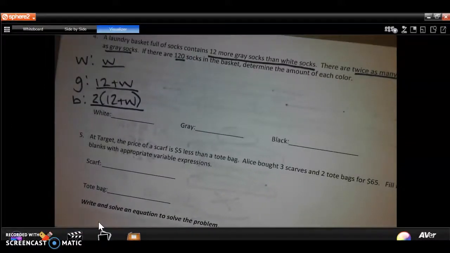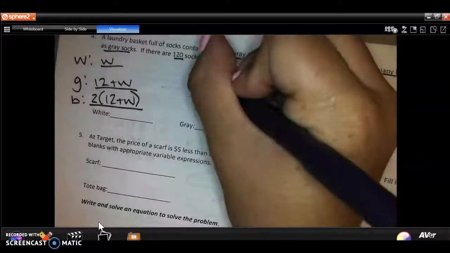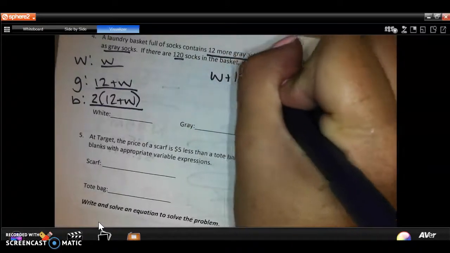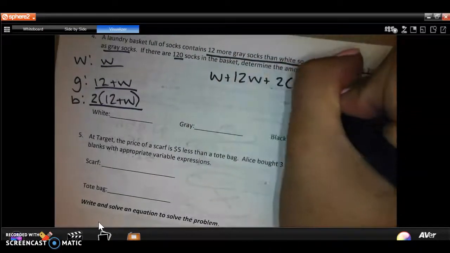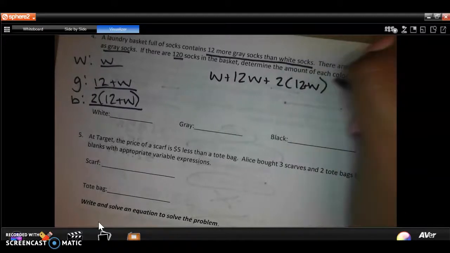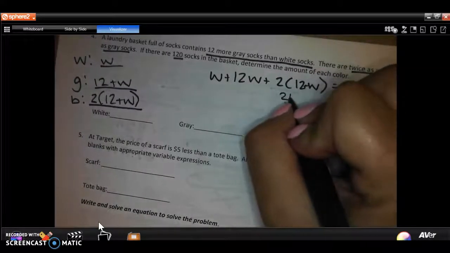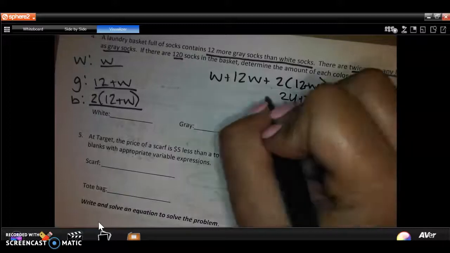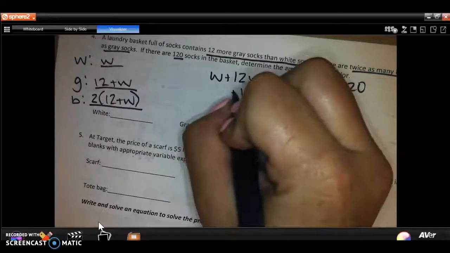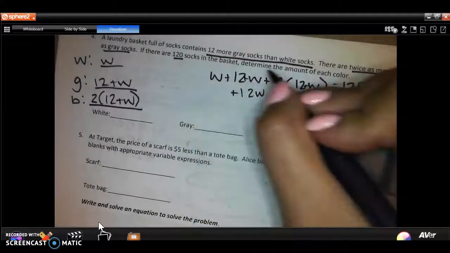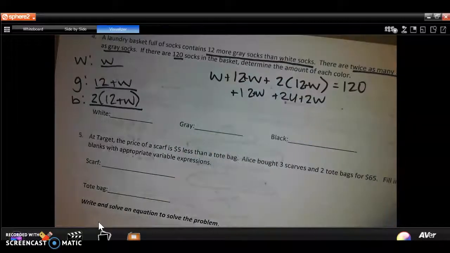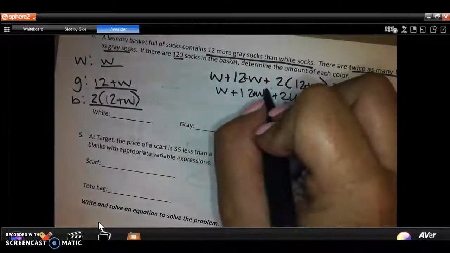Determine the amount of each color. So W plus 12 plus W plus 2 times 12 plus W equals 120. Distribute, you get 24 plus 2W plus 12 plus W.